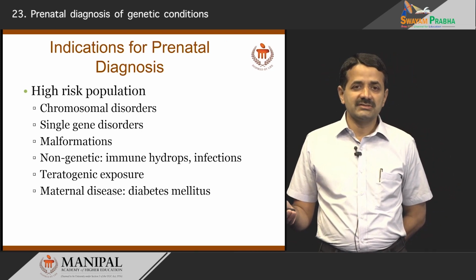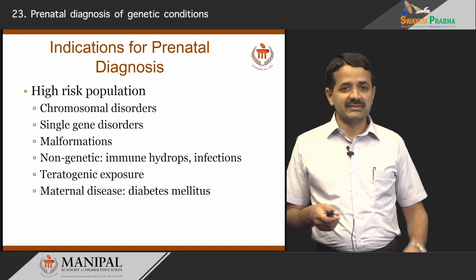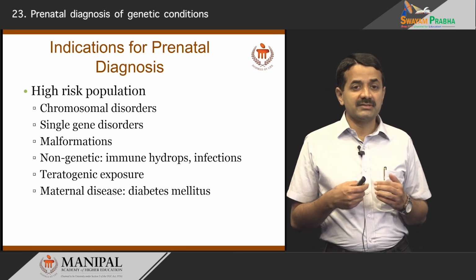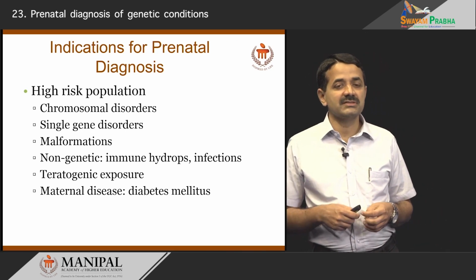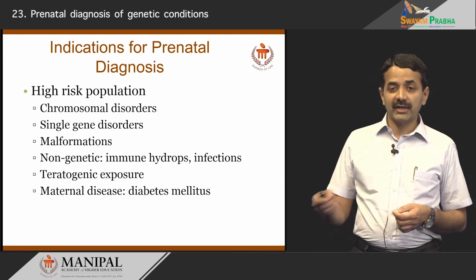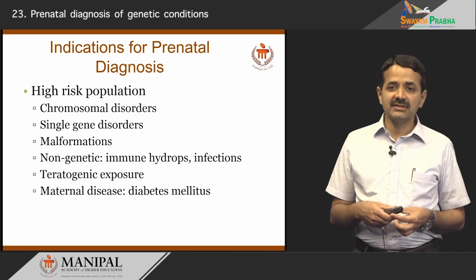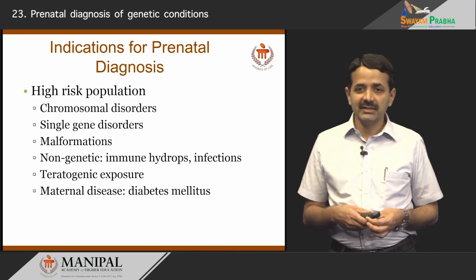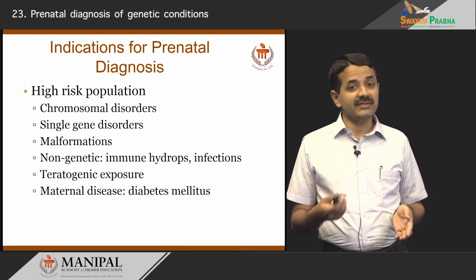And malformations: some may be at higher risk of malformation, for example, a previous child with malformation or parents having some malformations, and sometimes it can be non-genetic indications like immune hydrops, where we get hydrops in the fetus because of blood group incompatibility, and then intrauterine infections or teratogenic exposure.